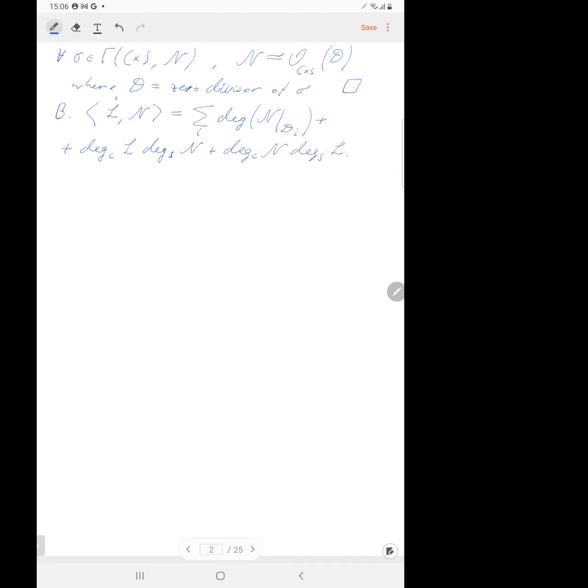Like this. Okay, so this is an explicit calculation that will allow, for example, from this you already see the bilinearity. Well, more precisely, you see linearity in N, but since the definition is symmetric, then it's also linear in L, so it's bilinear.